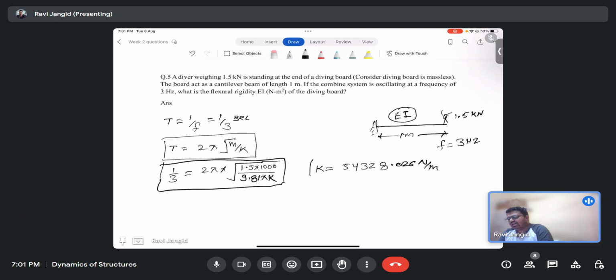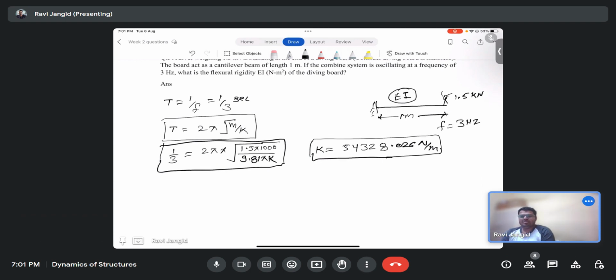Now you have the K. So what is the stiffness of the beam for the deflection? If I apply a point load P here, what is my stiffness for the cantilever? It is 3EI by L cube.